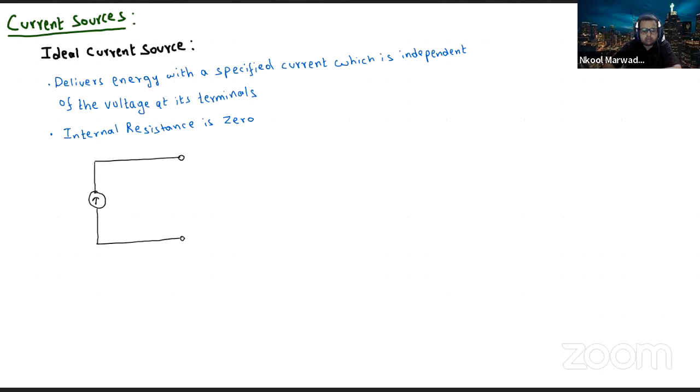The current flowing is, let us suppose, I. And for the graph, the x-axis will be the voltage and the y-axis will be the current.